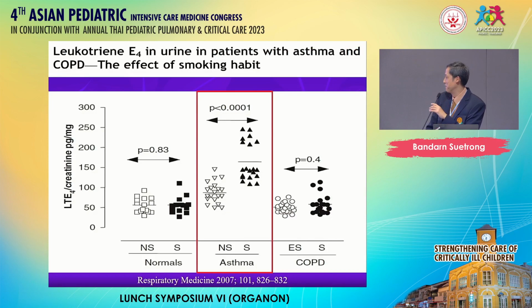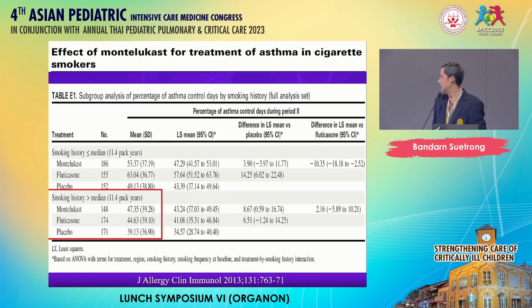What is the option? If we see the asthmatic patients and divide them into two groups, the non-smoking group right here and the smoking group right here, we will find that the level of leukotriene is markedly higher in the asthmatic patients in the smoking group.